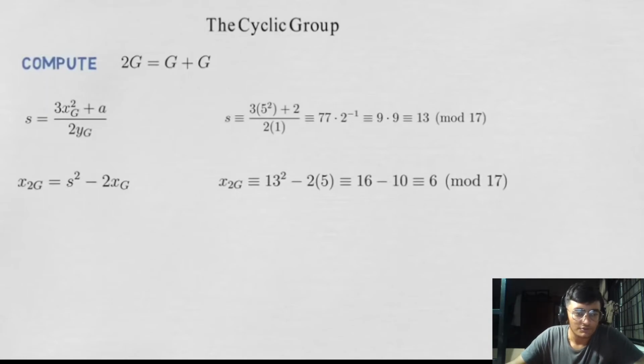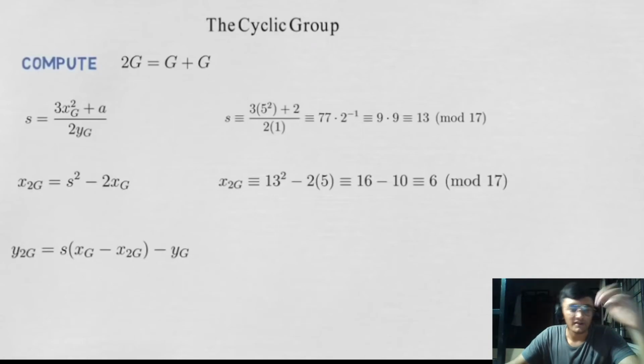Similarly we can compute the x2 coordinate, s squared minus 2xG, and again take the modulus 17 of that. Like that, find the y coordinate and again take the modulus.